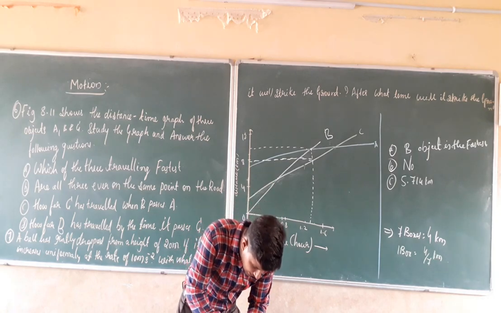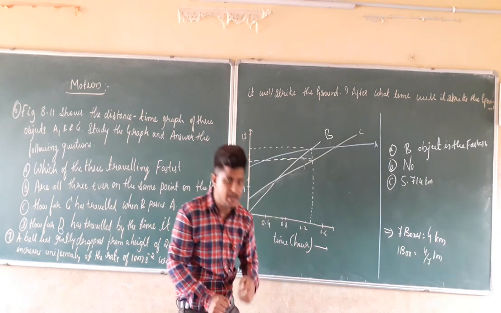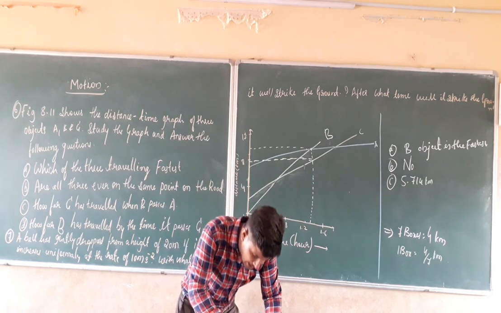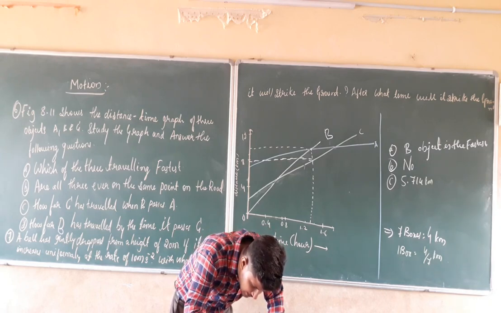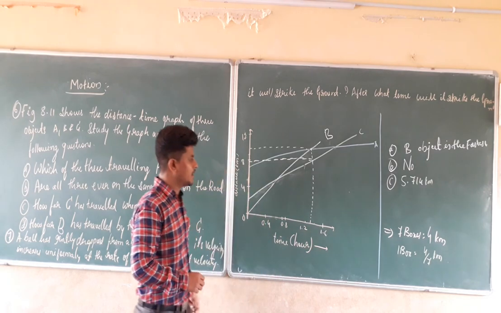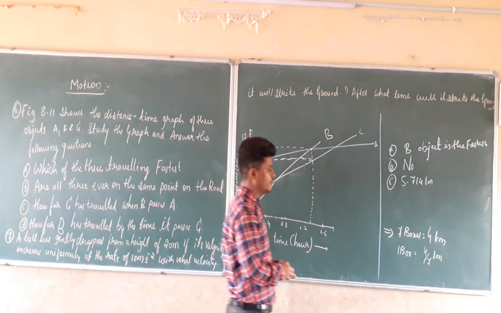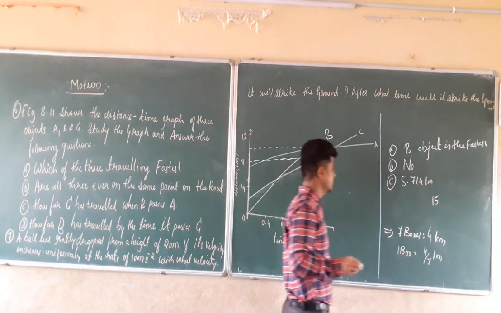If you check correctly at this time, the number of boxes will be 1, 2, 3, 4, 5, 6, 7, 8, 9, 10, 11, 12, 13, 14, 15. The number of boxes is equal to 15. Right?